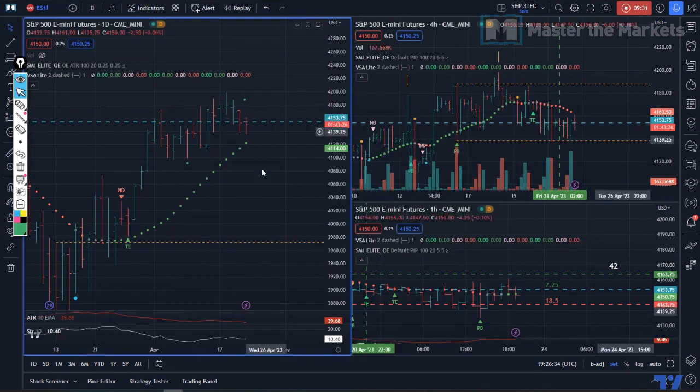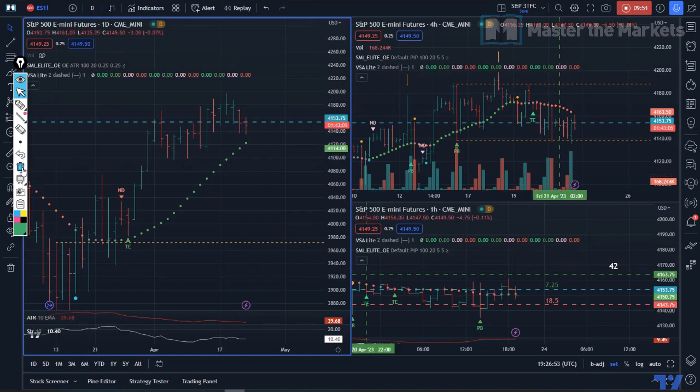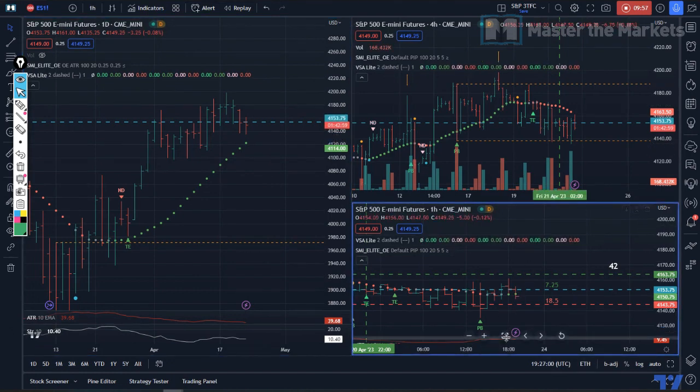Once you've got that, you put it onto the chart, over here: the stretch 10. Once I place my cursor on the previous day's bar, it tells me the number, which is about 10.48. Let's just say 10.5. Now, once I have that number, I can go on to a lower time frame. Let's say I take the 4-hour time frame.